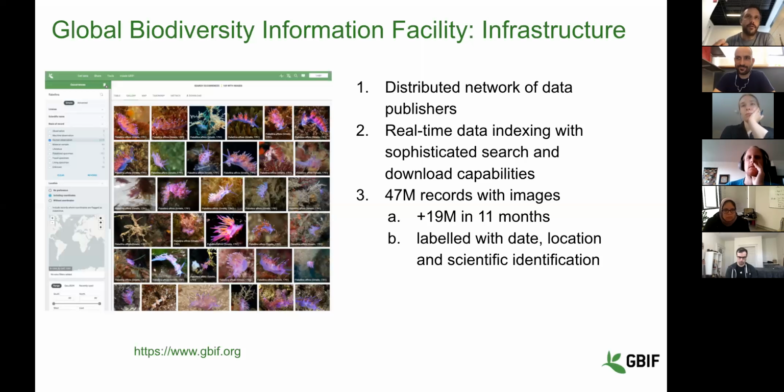The GBIF headquarters are in Copenhagen, but they have global representation. I think around 50 different countries have nodes of GBIF, and they mirror all this data. Essentially it's a one-stop shop. For example, if you're a property developer in northern Sweden and you want to make a large office building, you could select a rectangle around a plot of land, go to GBIF, pull up all the species that have been observed there, and find out if there are any endangered species that need to be taken into account.